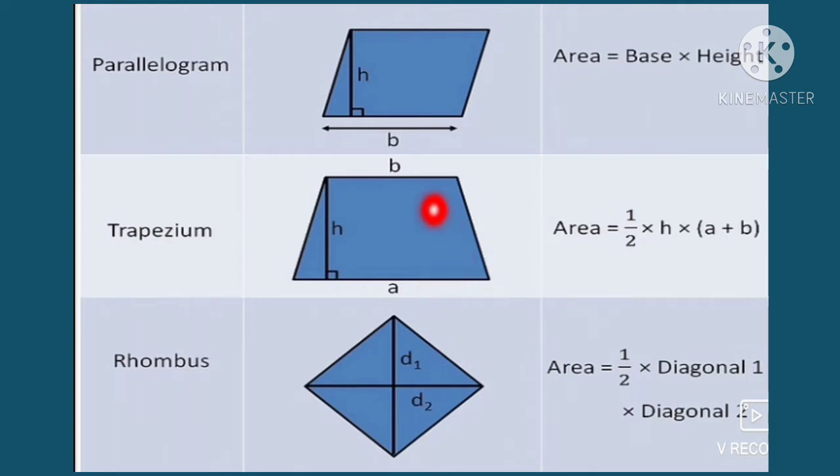And here the perimeter of the trapezium is sum of the sides. And rhombus. Area of the rhombus is half into diagonal 1 into diagonal 2. And here the perimeter of a rhombus is sum of the sides.